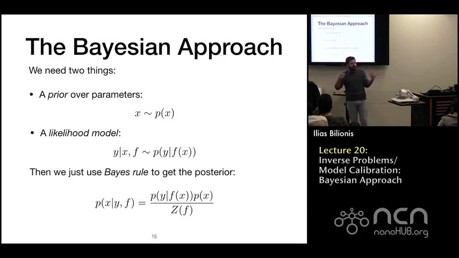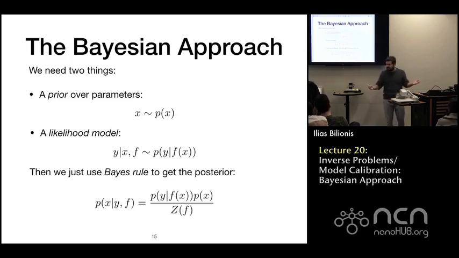So even though in most of the books on inverse problems, they pretend that F is the right thing and do not explicitly denote the dependence of everything on F, I'm keeping it in there because in 3 lectures I'm going to come back and say, well, now I have 3 models. Which one is the best? Okay?